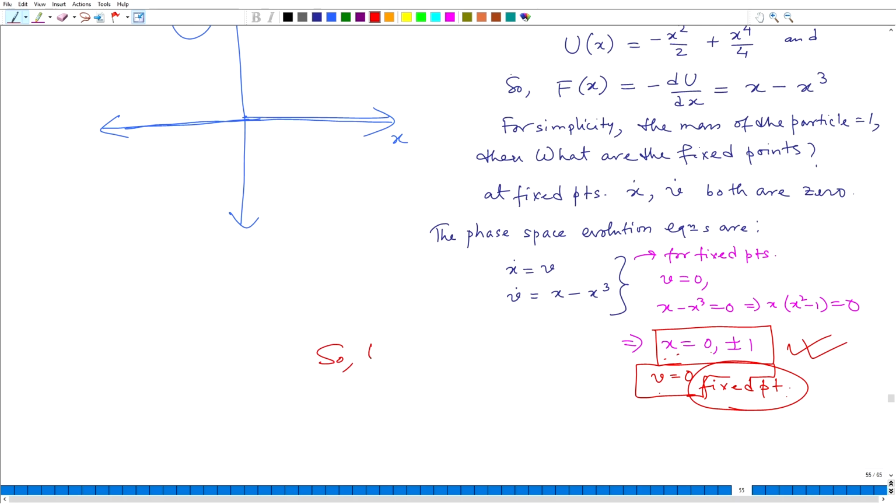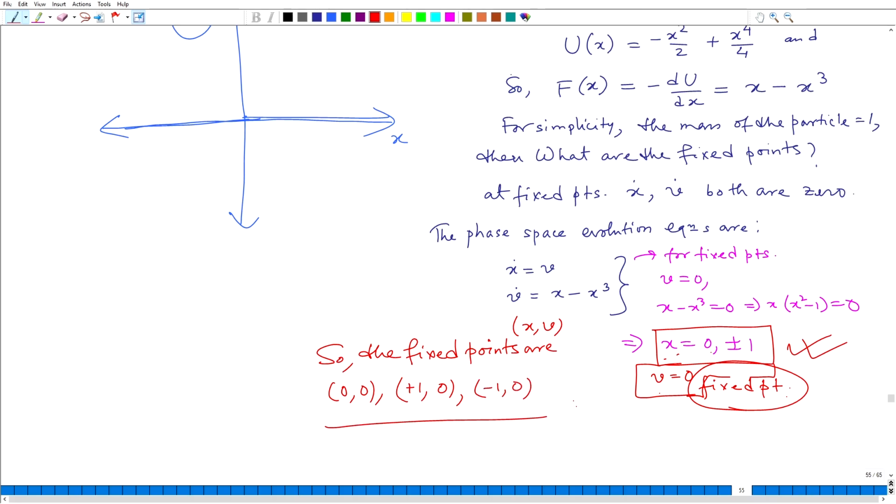So, the fixed points are 0 0, plus 1 0. So, you see that the fixed points means actually is a collection of x and v. So, v is 0 for all, and then minus 1 0.